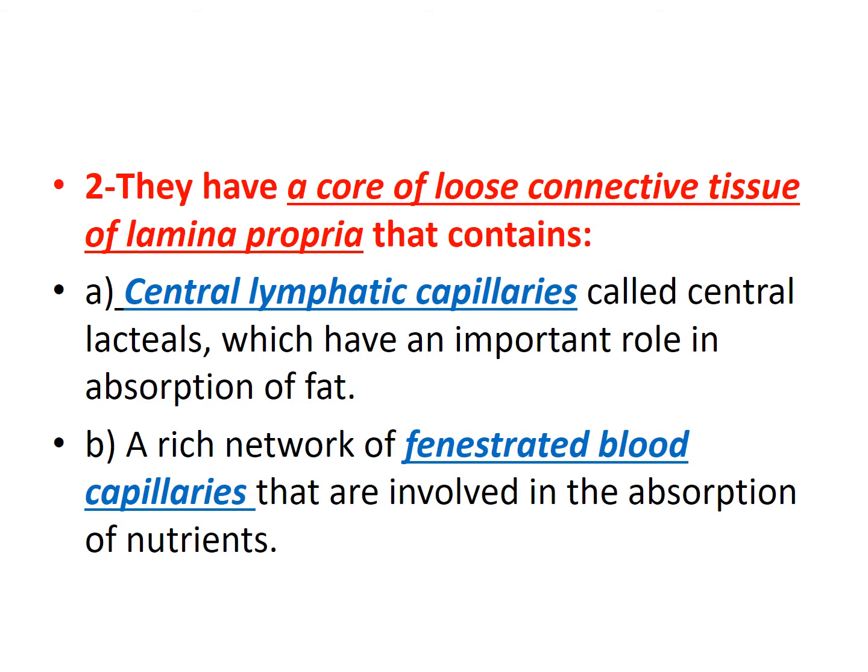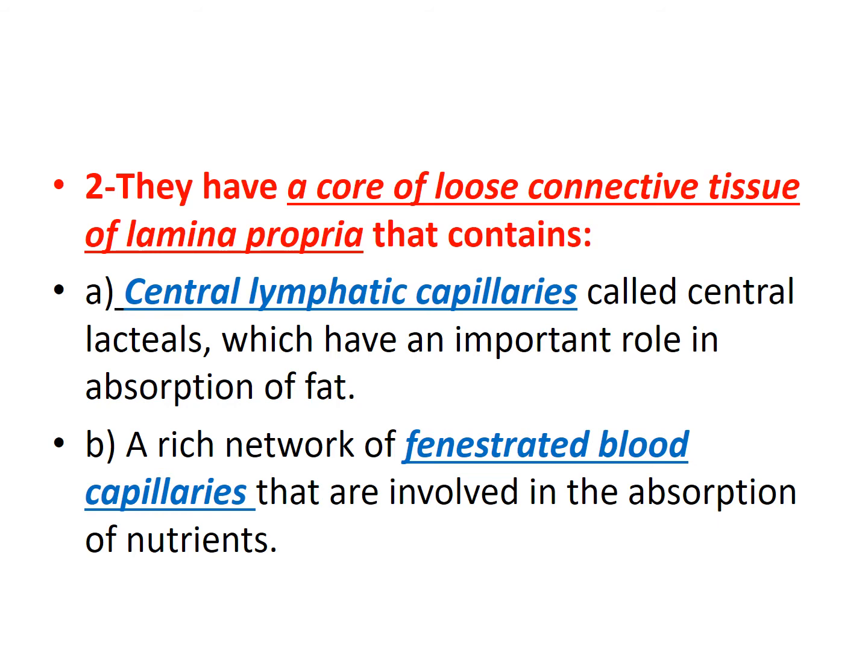When the epithelium forms a finger-like projection into the lumen of the small intestine, this projection is called villus. This villus is covered by epithelium. The type of cell present in this epithelium is simple columnar absorptive cell plus goblet cell plus enteroendocrine cell.